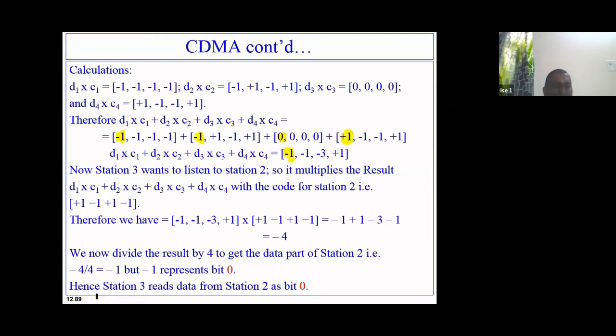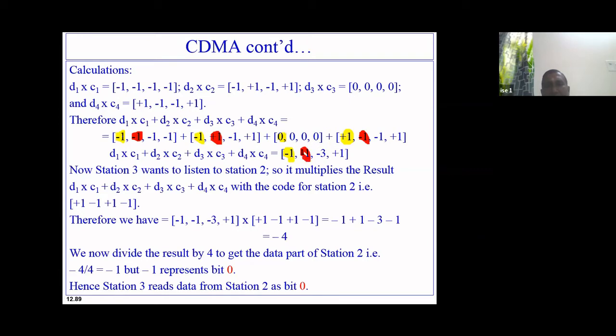Now I choose a different color, assuming that for the second element I take minus 1, and this I take as plus 1. So minus 1 plus 1, I'll be getting 0, plus 0 is again 0, and this minus 1 I'll be getting as minus 1.